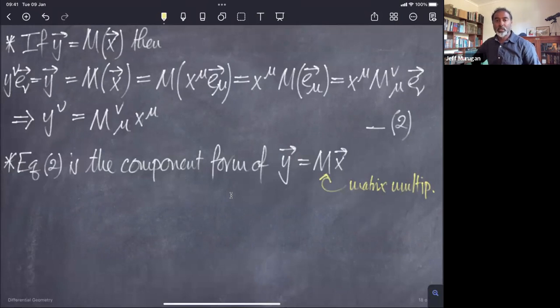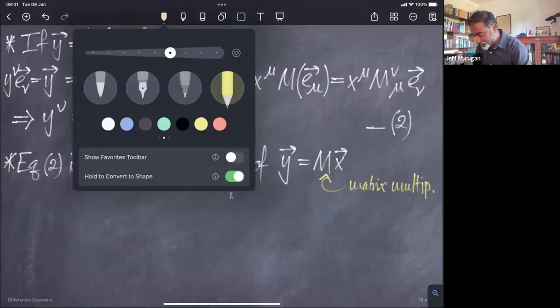In other words, the matrix representation, that's matrix multiplication, okay? So now let's make the usual change of basis from E to E prime.